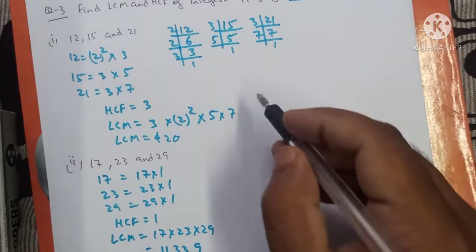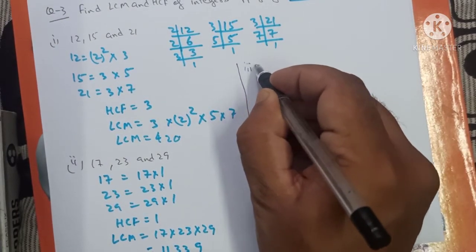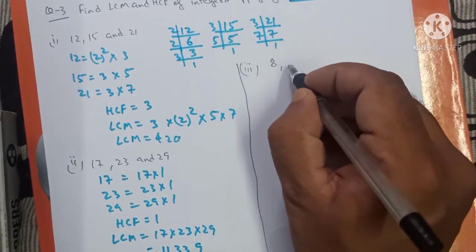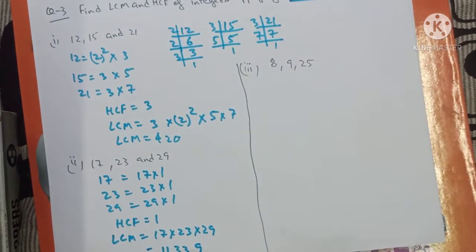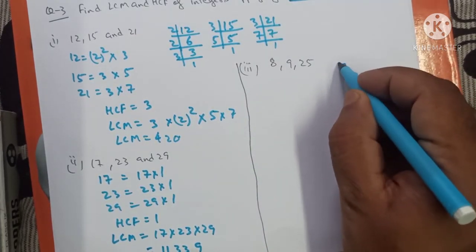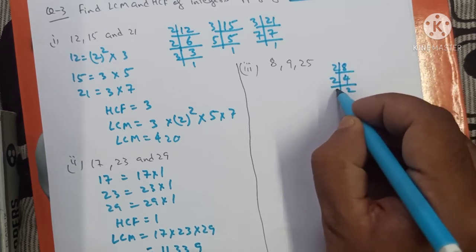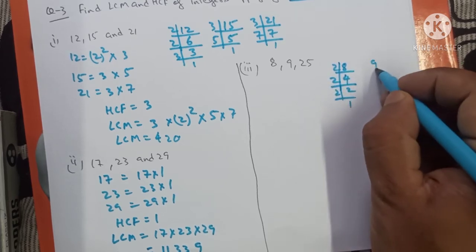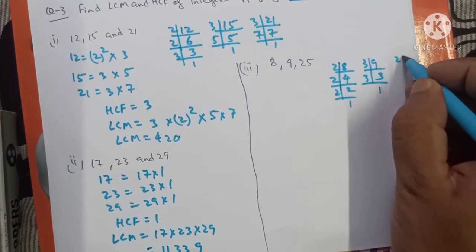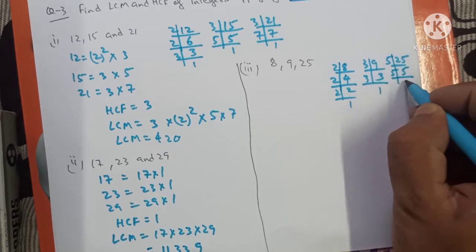Similarly, we can do the third part also over here. Third part, that is we have to find the LCM and HCF of 8, 9 and 25. The prime factorization of 8 will be 2 into 2 into 2, 9 will be 3 into 3, and 25 will be 5 into 5.